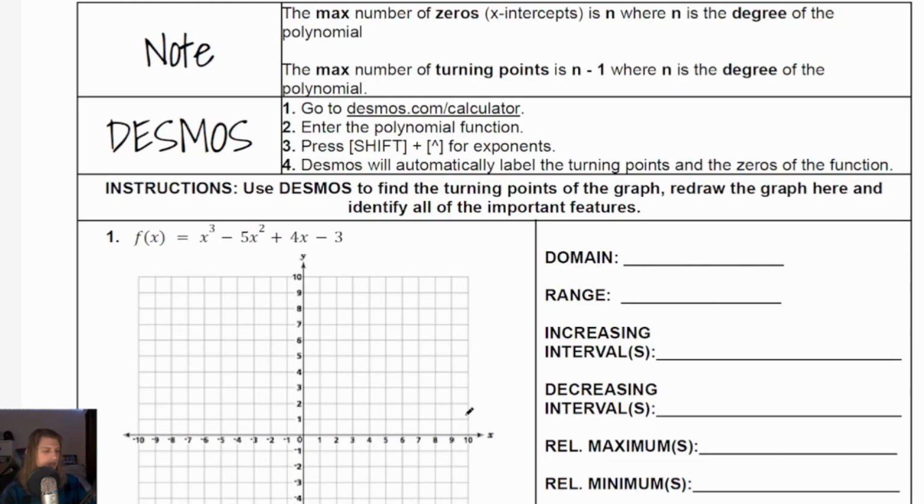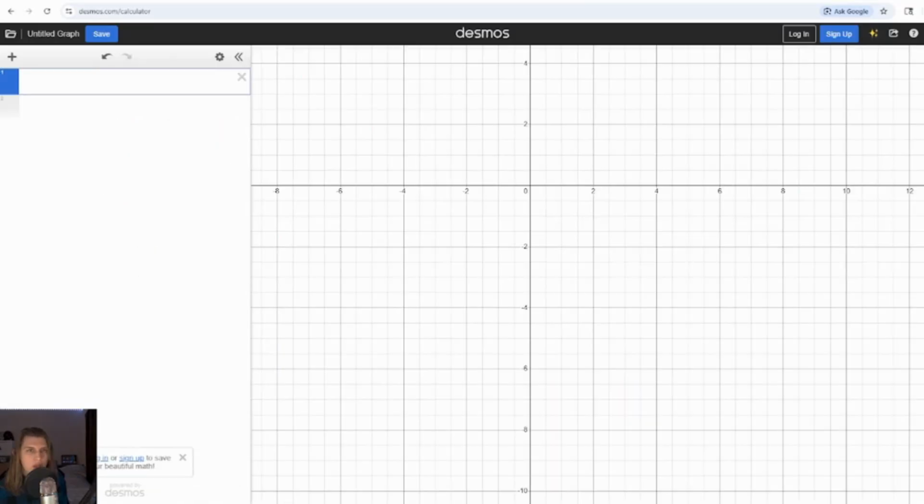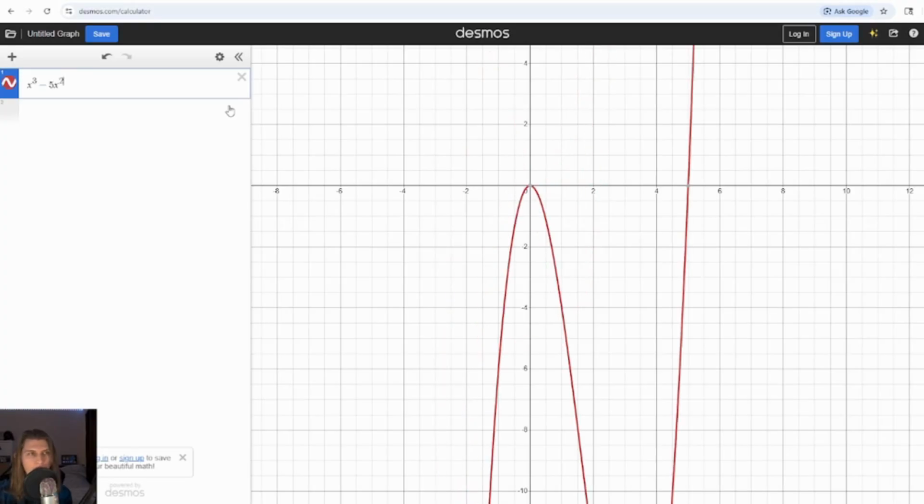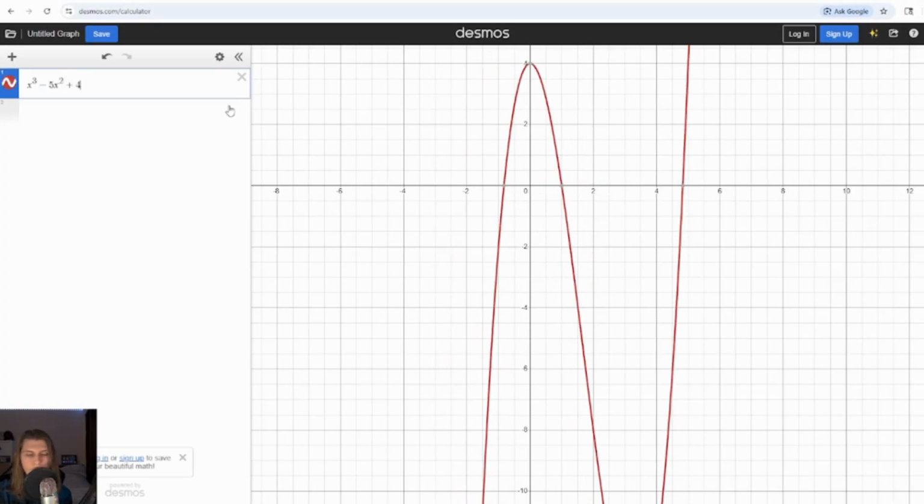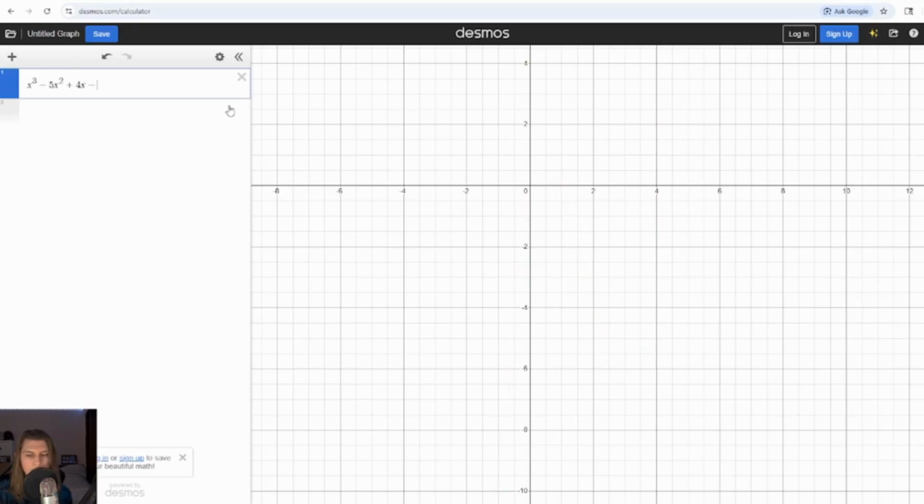So let me quickly switch over here. So here we are on Desmos, and what I'm going to type in is x, then we're going to hit shift 6 for cubed. I'm going to hit the right arrow so it moves back down, minus 5x squared plus 4x minus 3.